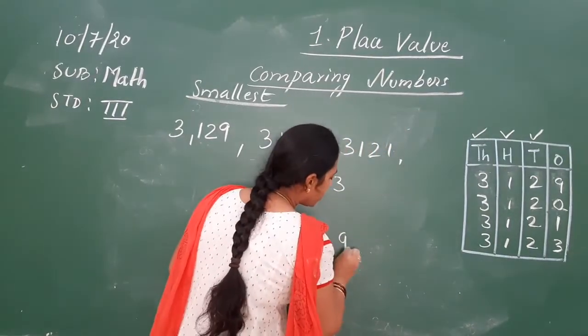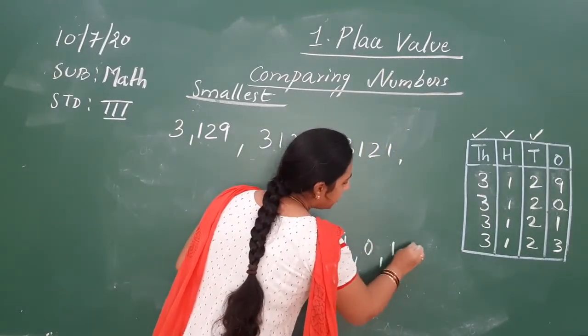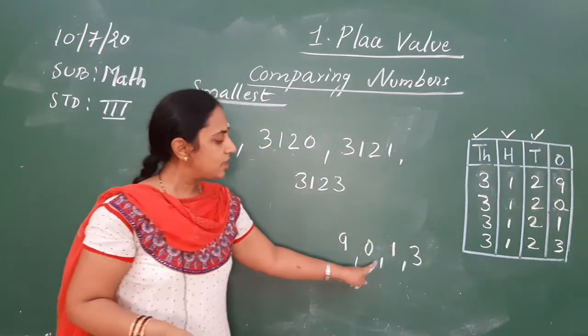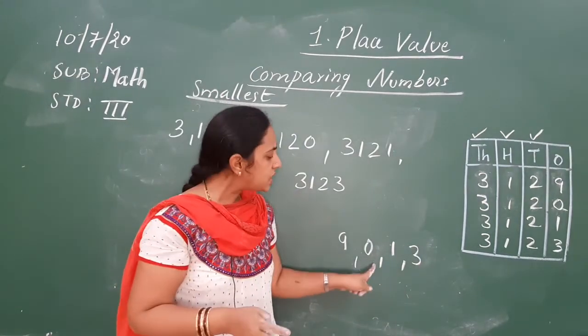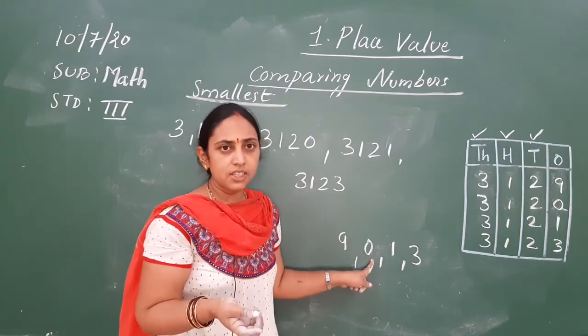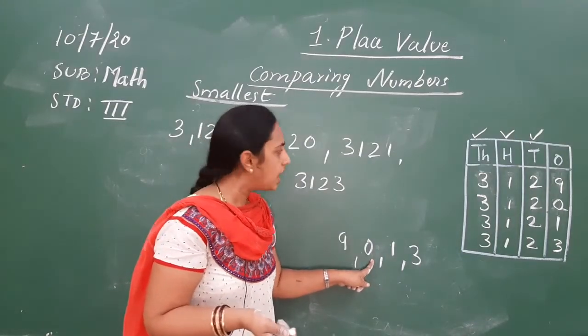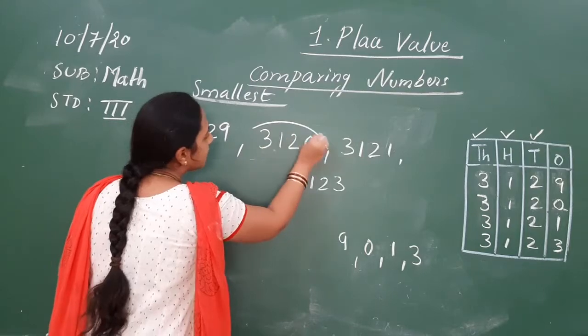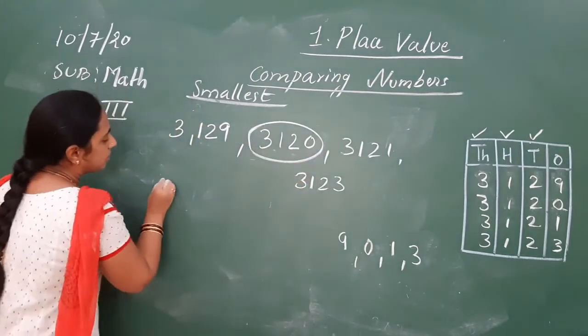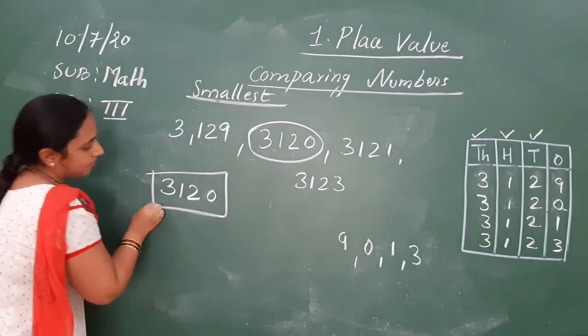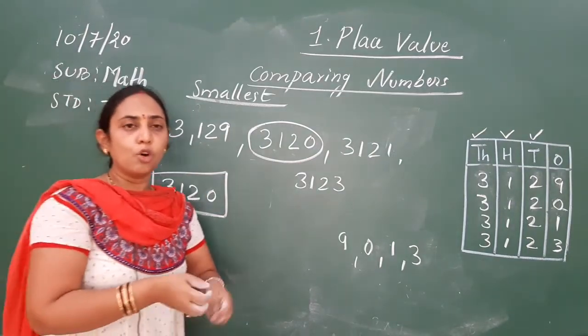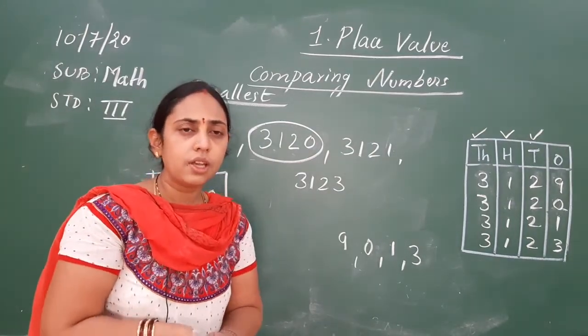So, what are the digits we are having? 9 in the ones place, 0, 1, 3. We have to find the smallest. Which is the smallest? Obviously 0 is the smallest, right? So the smallest number is 3120, right? So hope you have understood this very well.